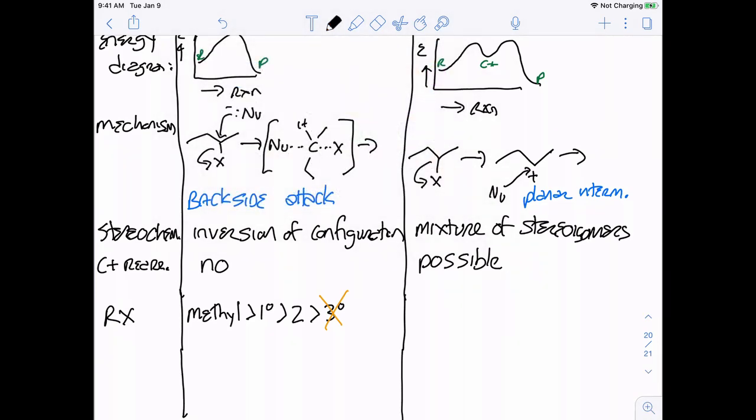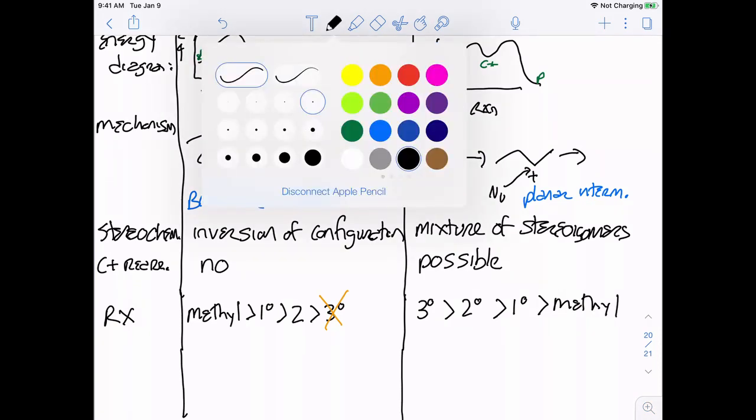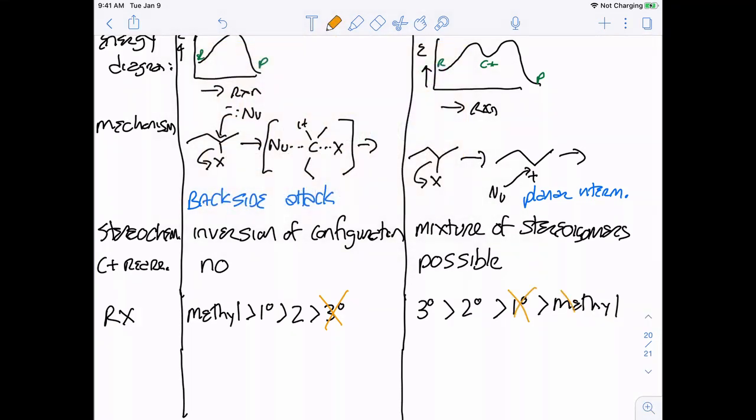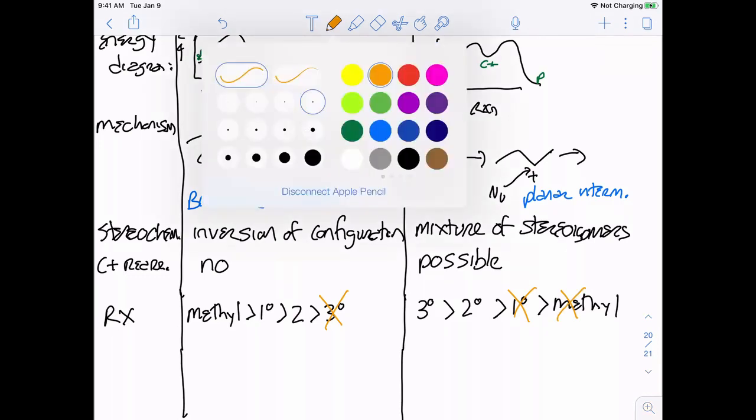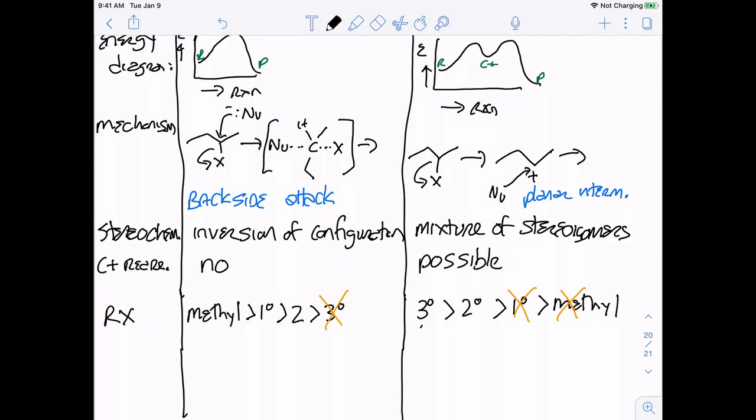And then for these guys, we're going to have tertiary being better than secondary, which is better than primary, and methyl. And primary and methyl, we're just going to cross right out, right? SN2 is way, way better than those. It's also good with allylic and benzylic. You could actually put those with, if you were to rank them, right with the tertiary.